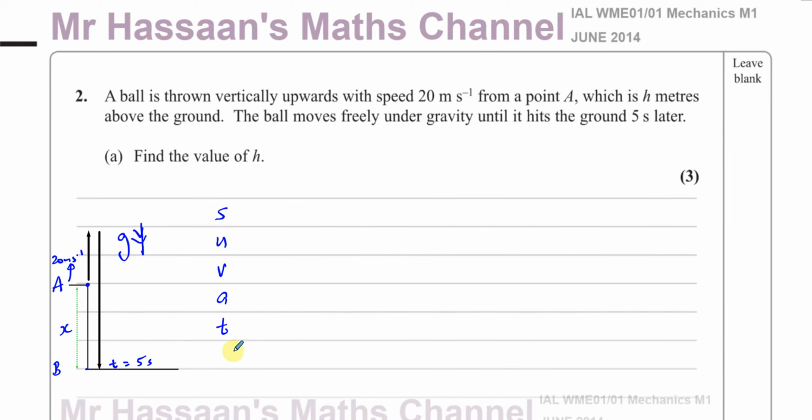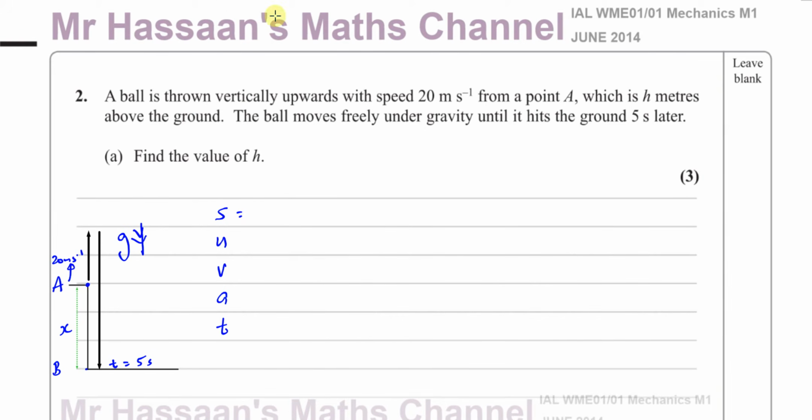Now I'm going to call this displacement X. I know my answer for X will come out as negative because I've taken A as my starting point, and I know that X is below A because it tells us the ball hits the ground and A is above the ground.